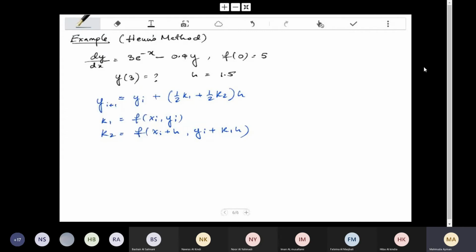So for the first one, when i is equal to 0, x0 is equal to 0 and y0 is 5, that's given here. We'll use these values now to find first k1, which is the function value at x0, y0.